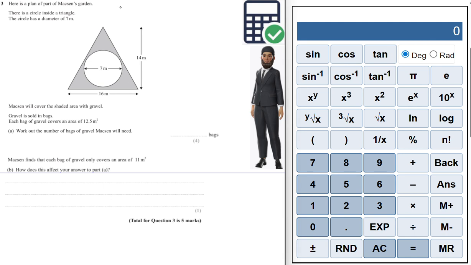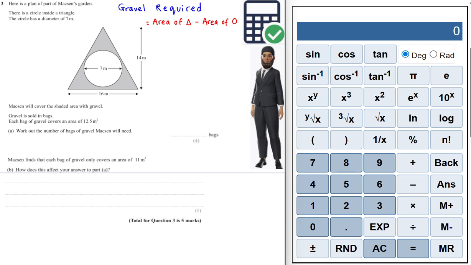Now, first and foremost, we require how much gravel we need. So gravel required, let's write this down. Gravel required is equal to the area of the triangle minus the area of the circle.